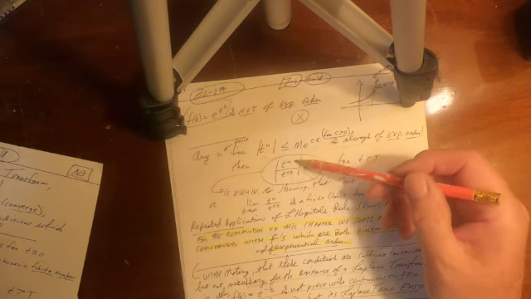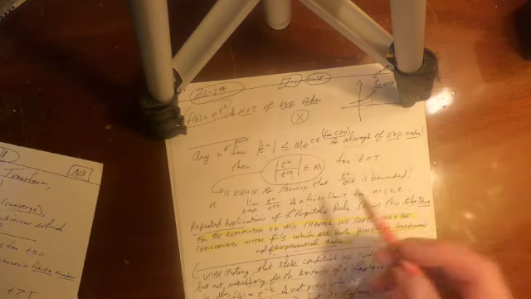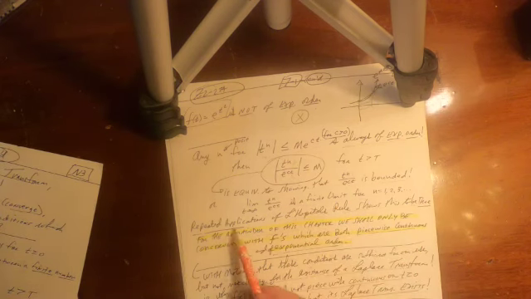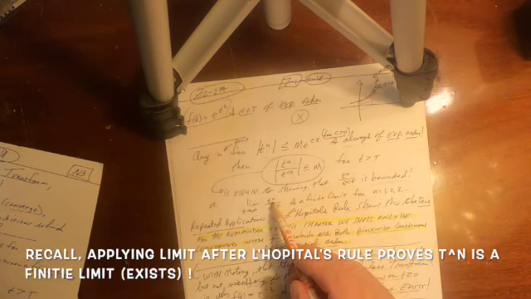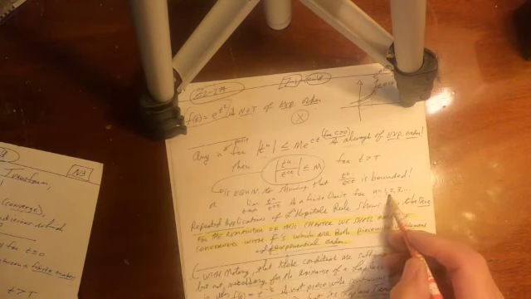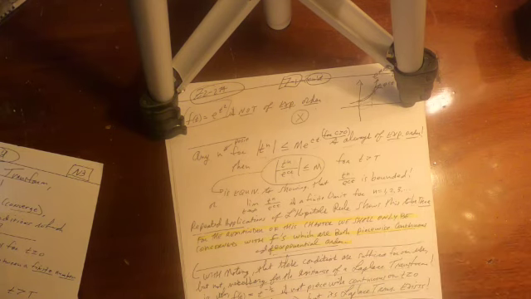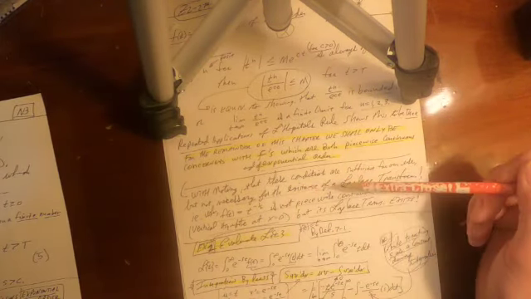Remember, you're proving that this limit exists by taking repeated applications of L'Hopital's rule, and it shows this is true. Okay, so where t to the n, where n is 1, 2, 3 to infinity, right? Okay, so this works.